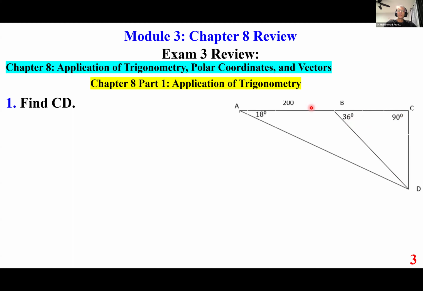This is 36 degrees. These two must add up to 180 degrees, and so on. So this angle is 180 degrees. So it makes this angle ABD 144 degrees. This is 180 minus 36.